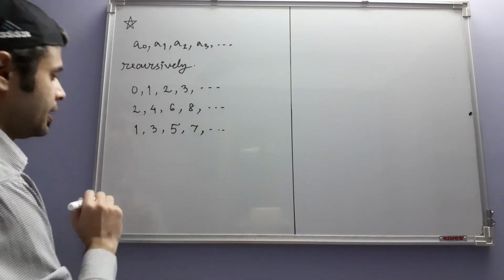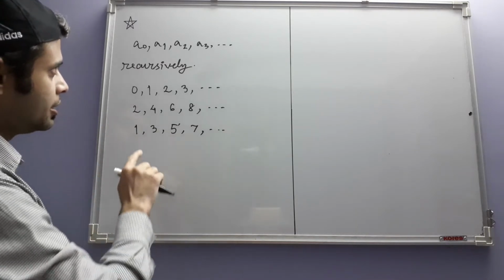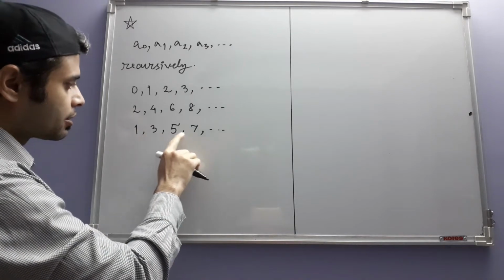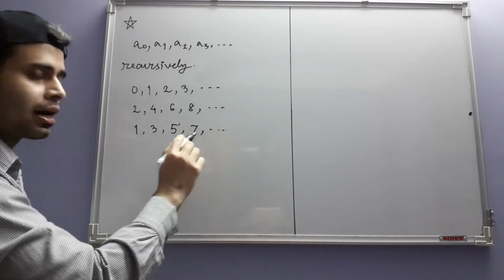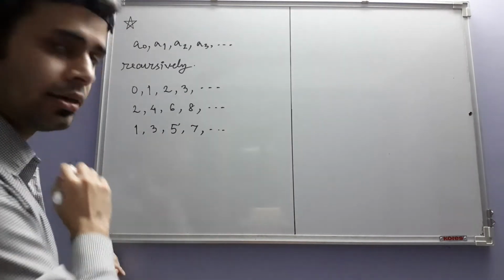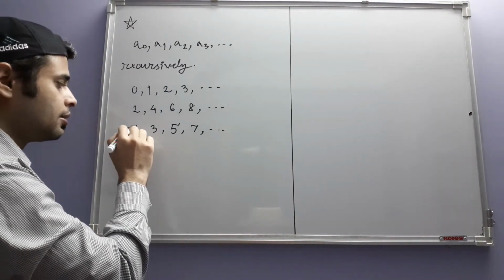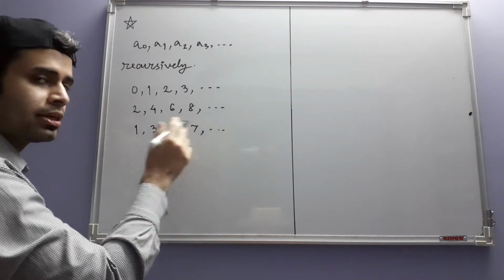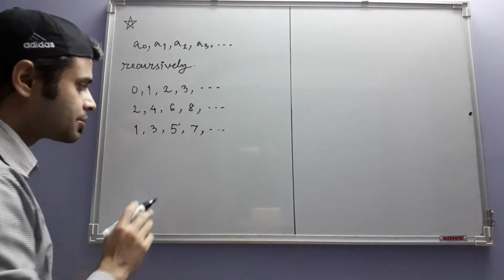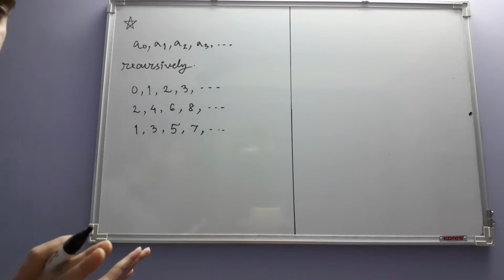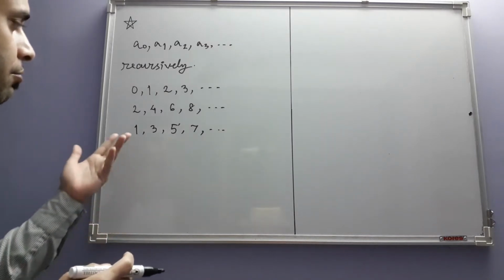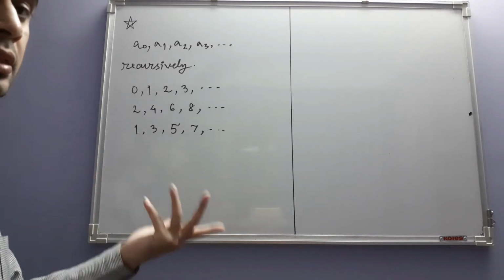One more thing is that in a sequence, these are called the terms of a sequence, or sometimes elements of a sequence. So this is the first term, this is the second term, and so on. The terms are not necessarily distinct. We can have a sequence in which two terms can be the same.